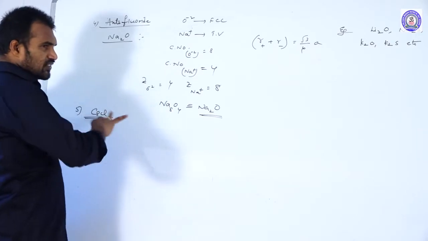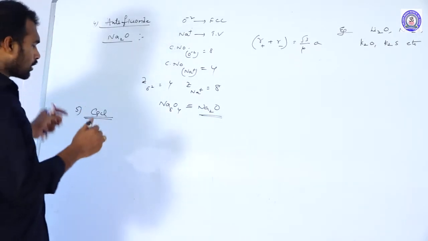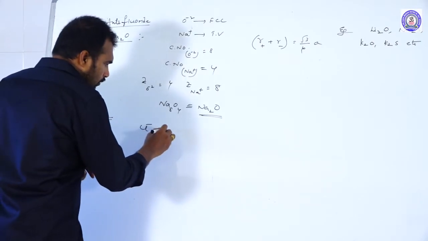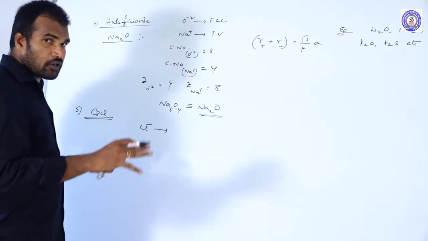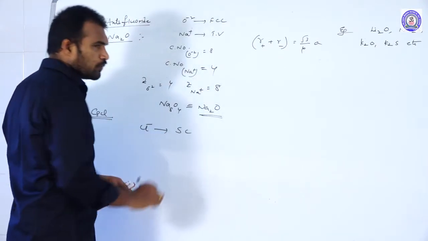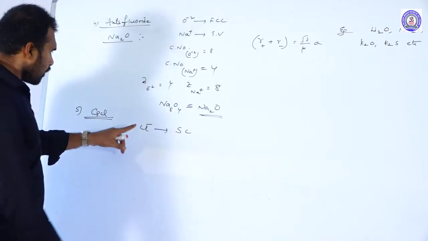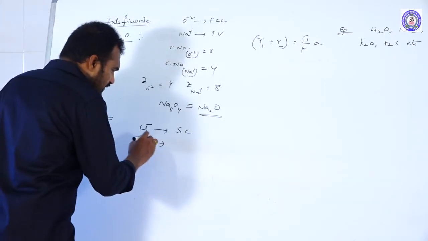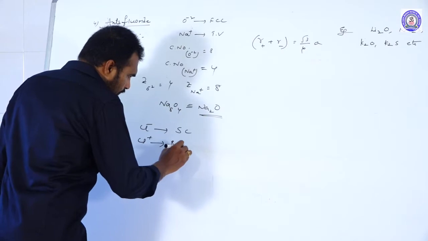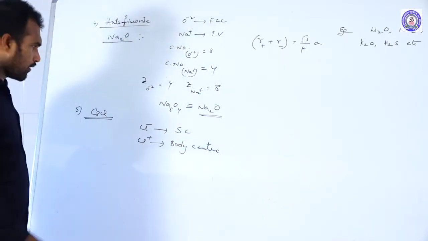So in this case, cesium and chloride, which is the larger? Cesium is larger here. Chloride ions are present only at corners. That means they are forming a simple cubic unit, whereas the cesium ion is present at the body center.